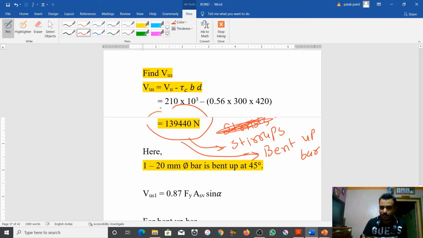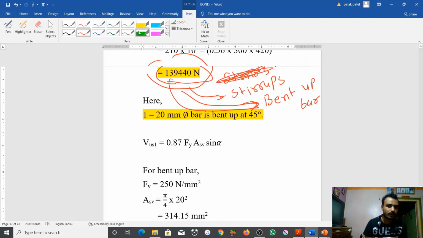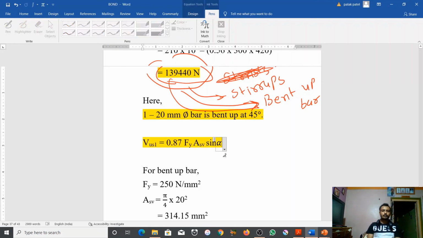Okay, so I can see there is one bent up provided, so some portion of this shear force, 139,440 Newton, is resisted by a bent up. Okay, so we have to find out this shear force which is resisted by a bent up bar.